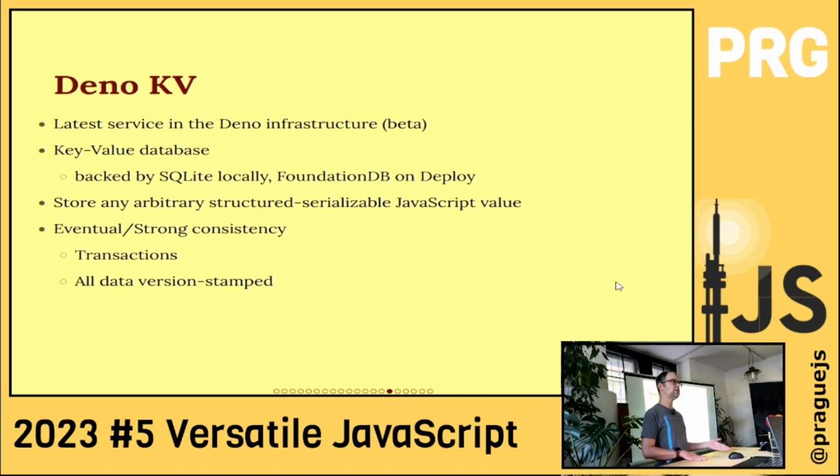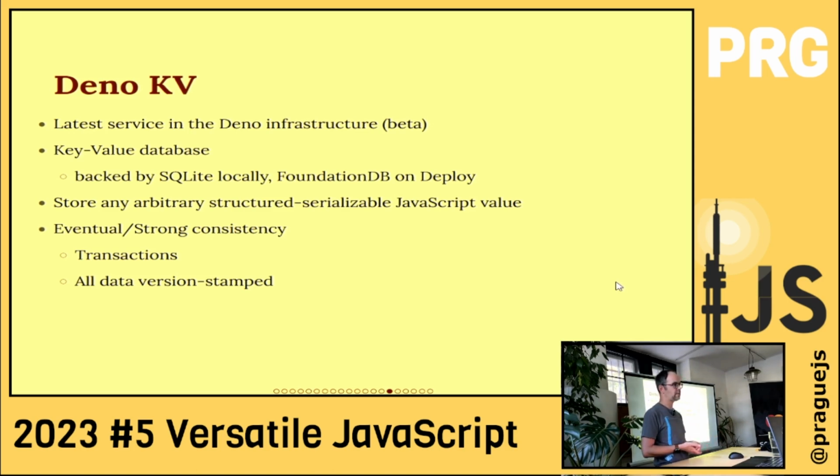We have eventual consistency, where we get our data fast, but not necessarily correct. And we have strong consistency mode, strong reads, when we are guaranteed to get the latest copy of the data. And there is support for transactions, so we can do multiple reads and writes in one transaction that will automatically get rolled back if one of those fails.